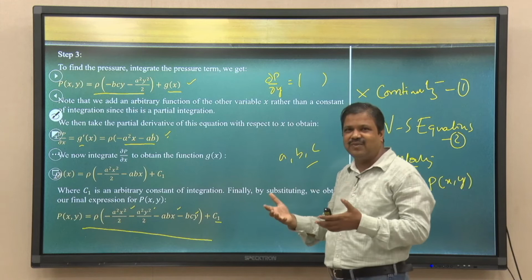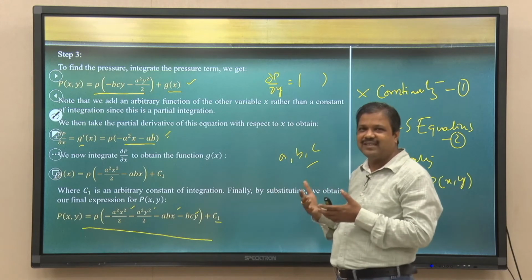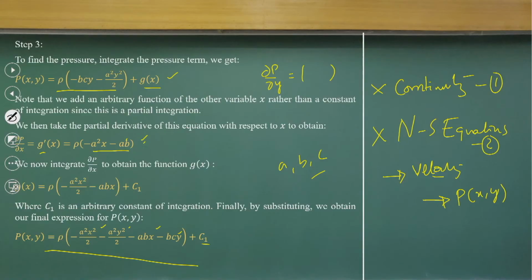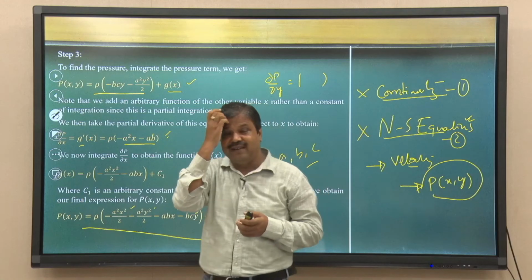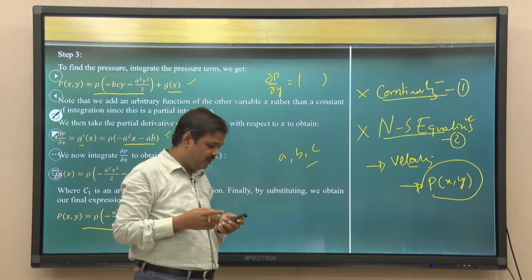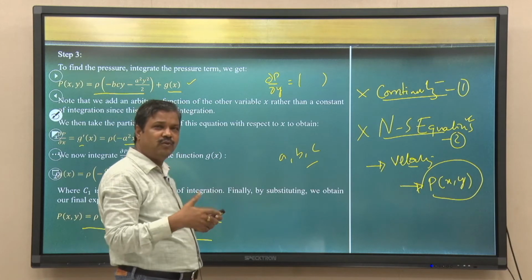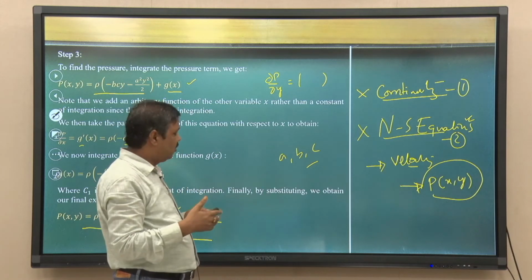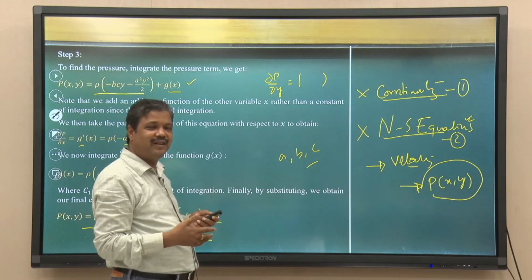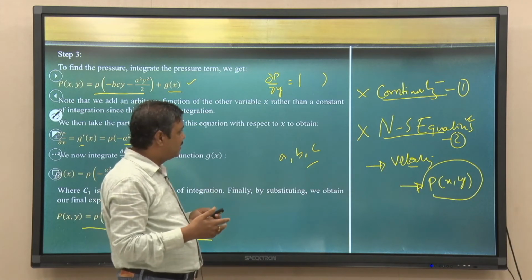That's the difference between mathematicians and fluid experts: first the continuity equation satisfaction should be there, followed by the Navier-Stokes equations to determine the pressure field. That is a very easy problem that I have solved, but try to look at how complex the functions can be when determining the pressure field.